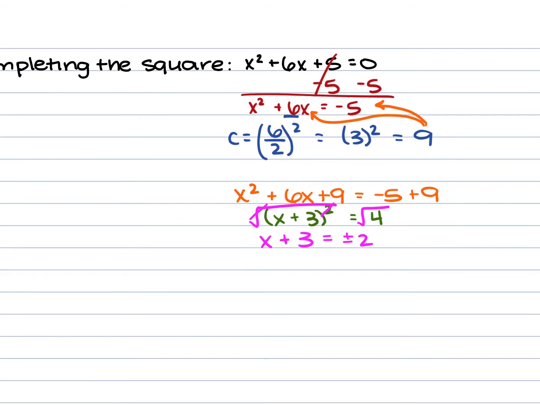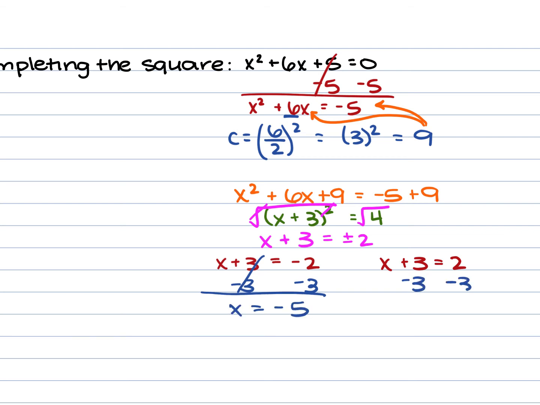So this is going to separate to be x plus 3 is equal to negative 2, as well as x plus 3 is equal to positive 2. Move your 3 over by subtracting it from both sides on both of these equations, and you get that x is equal to negative 5 and x is equal to negative 1.